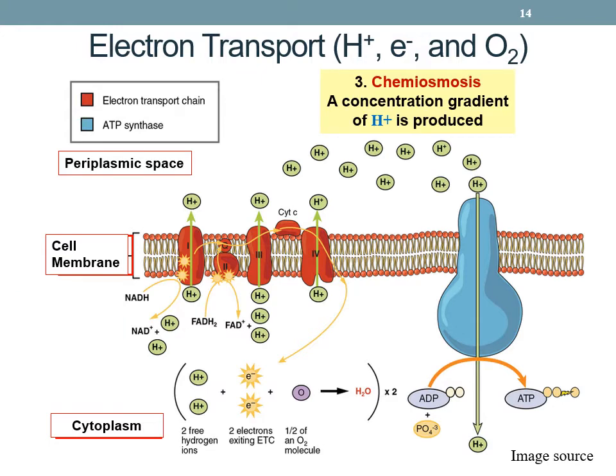While the electrons are being transported through the membrane, the hydrogen protons are being transported across the membrane, and they accumulate in the periplasmic space, that space just outside of the cell membrane. Eventually, a concentration gradient is formed where it's more positive in the periplasm than it is inside the cell in the cytoplasm. And hydrogen protons begin to re-enter the cytoplasm through that large blue structure called the ATP synthase protein.